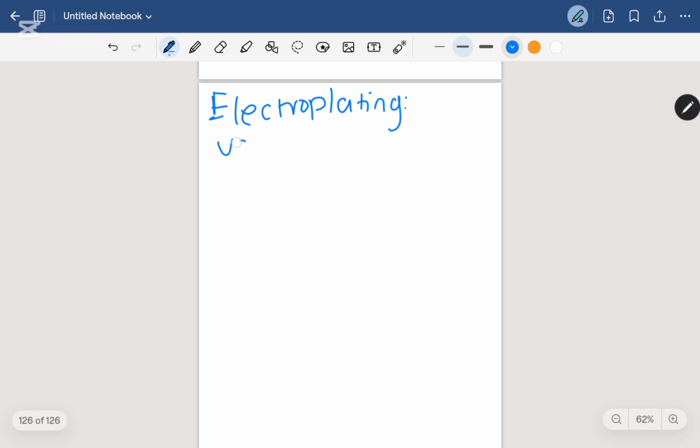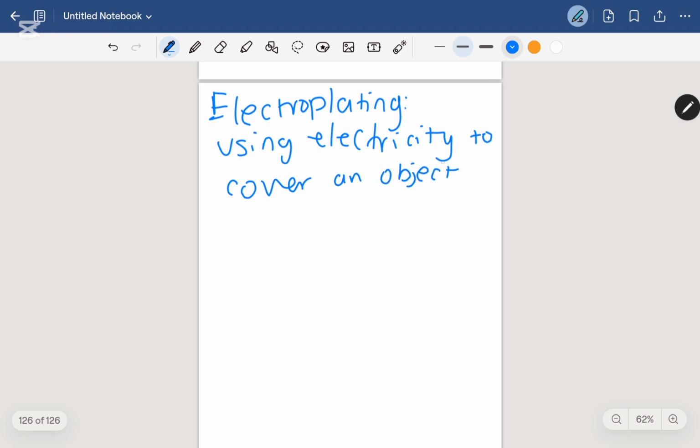So they are using electricity to cover an object with a thin layer of metal. Now, why do they do electroplating? For many reasons.